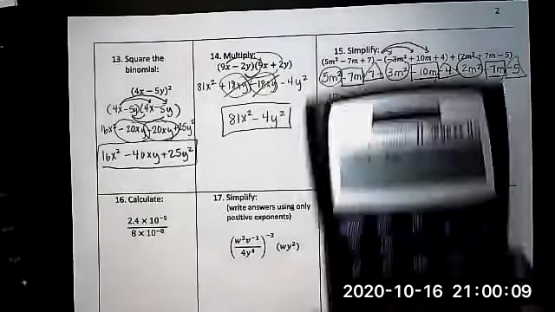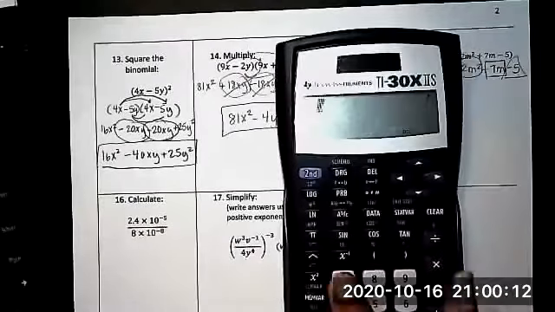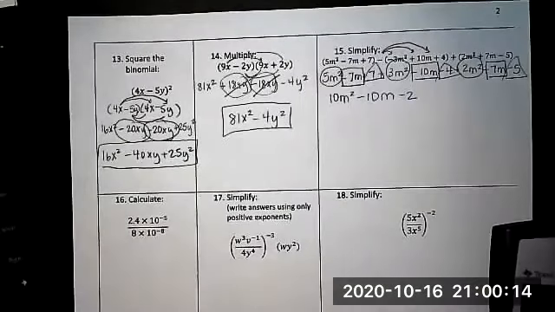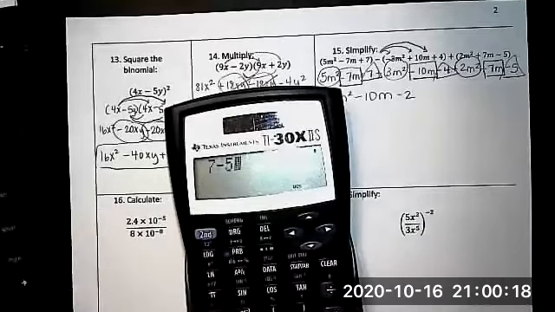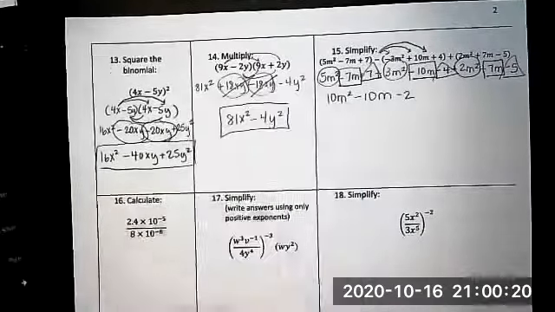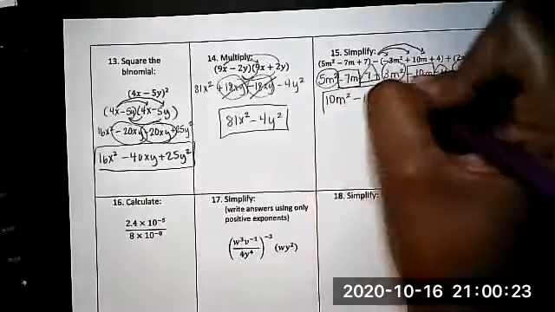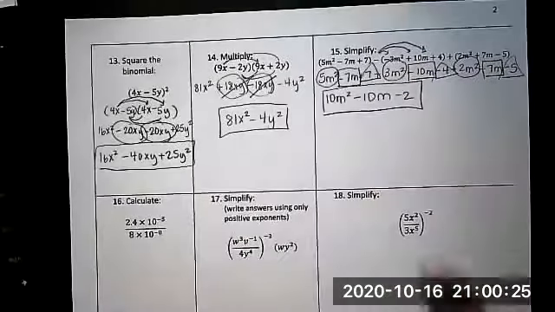Okay, let me make sure I'm doing that right. 7, negative 4, negative 5, and you get negative 2. Oh, got it right. So that is your answer there once you combine like terms, okay?